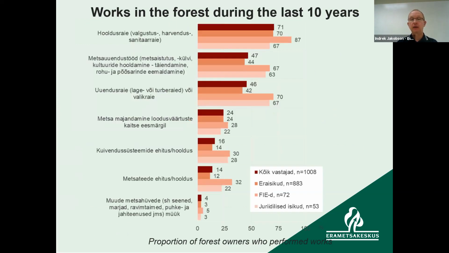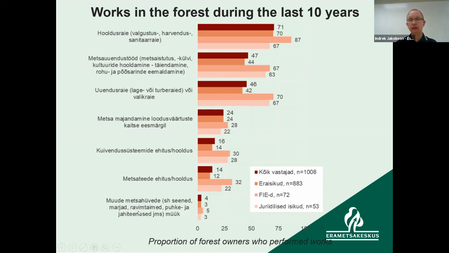And here is a proportion of forest owners who perform different works. And here we see the highest percentage, nearly 70. It's different types of fellings, and top 3 includes different renewals.